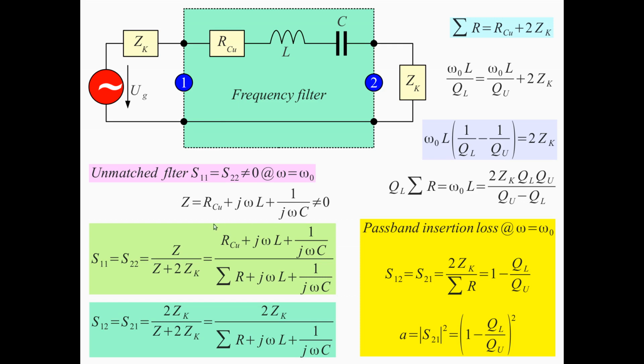So if I express S11 or S22, because the network is symmetrical here, in terms of scattering parameters, reflection coefficients and transmission coefficients are the usual way to do things in communication. So it's much more useful, if we have a known characteristic impedance, to talk about reflection and transmission coefficients rather than talking about impedances.